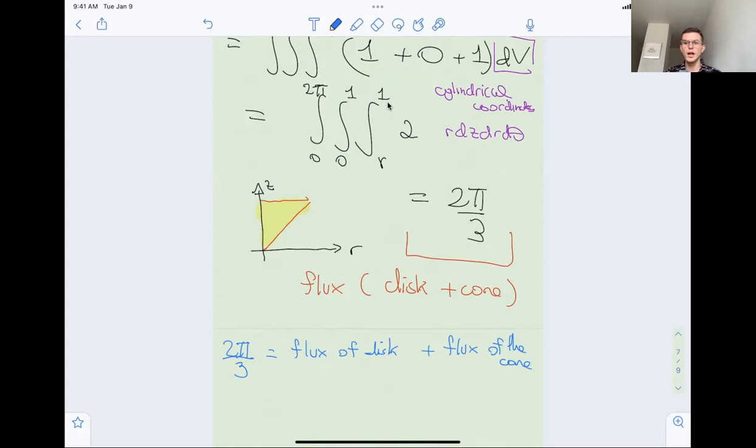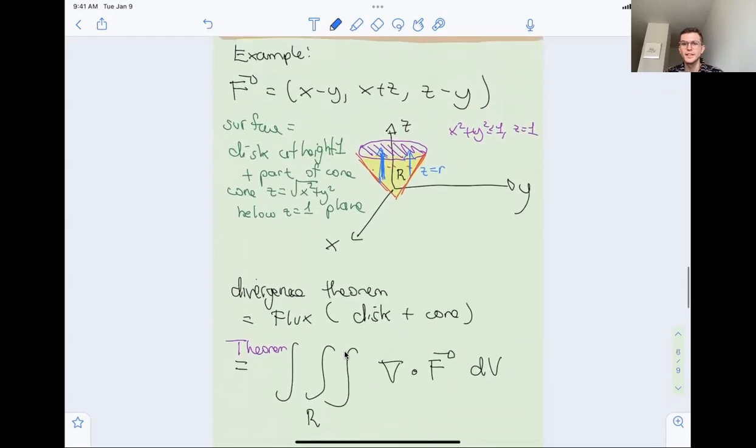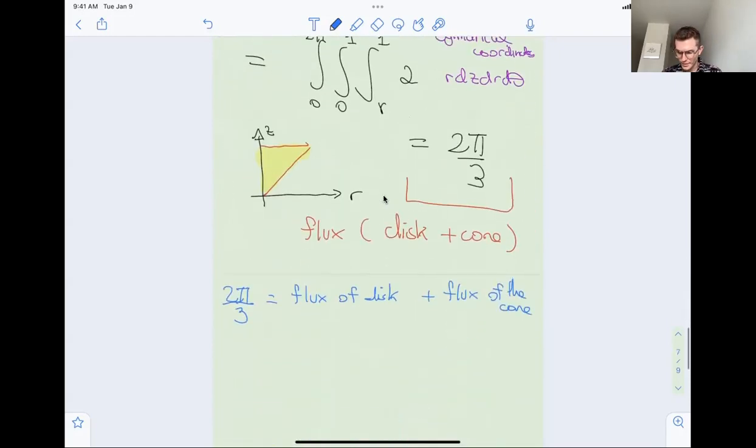But now, in fact, here's a thing that you can do. This is actually the same F that I used in the previous example, and this was the same disk, right? So we do already know the flux through the disk. Anyone remember what the answer was from the last example?